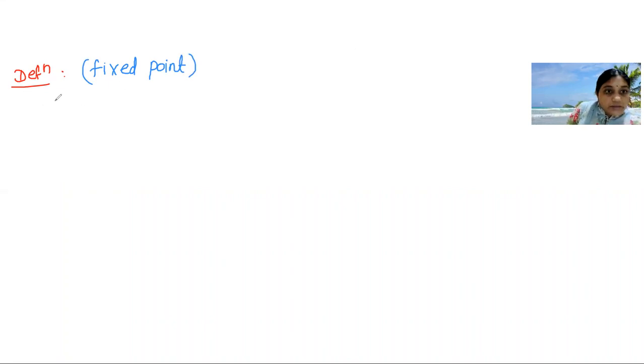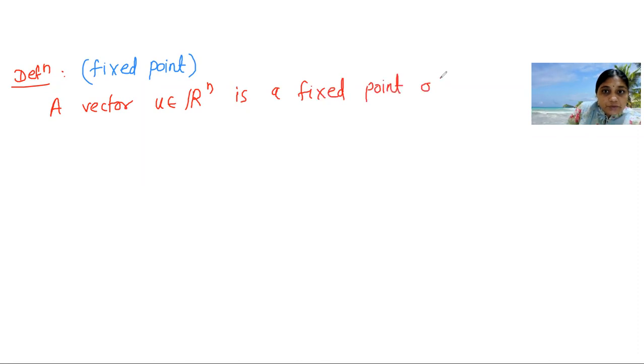A vector u belonging to Rn is a fixed point of f if f of u is equal to u.